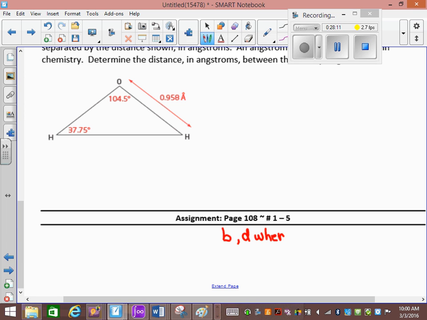So some of the questions only have A and B. You'll do just B on that question. And then if it has A, B, C, D, you'll do B and D. Okay?